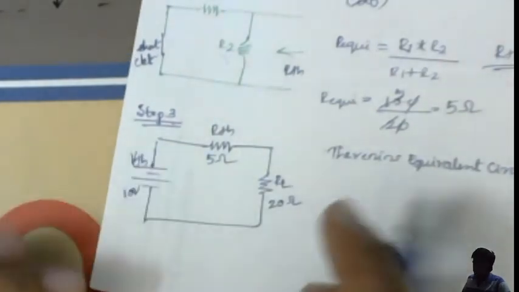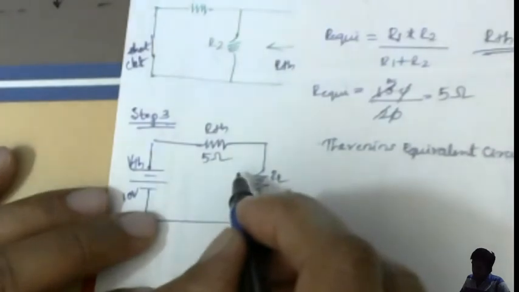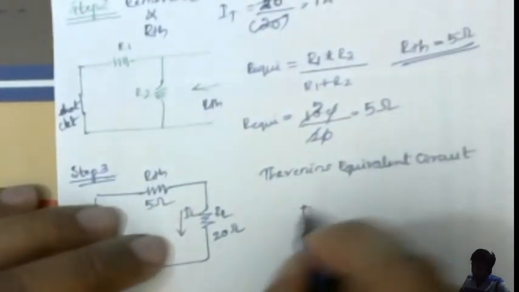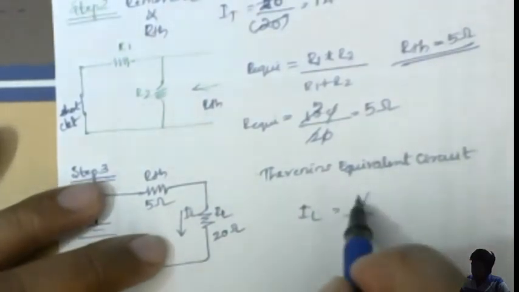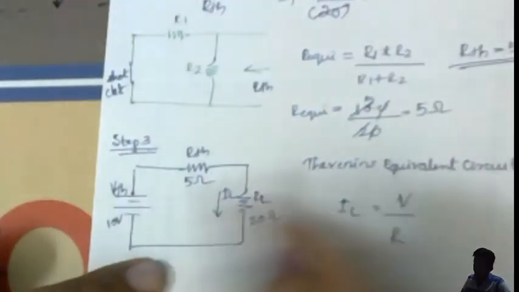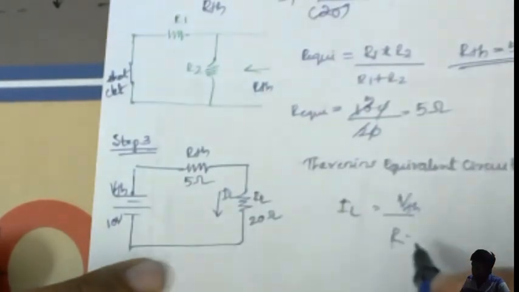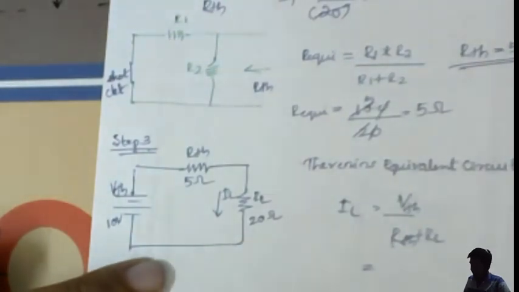Now you can find the current IL. IL is equal to V over R. V means VTH, R means RTH, not only RTH, but RTH plus RL, because this is nothing but the total current.